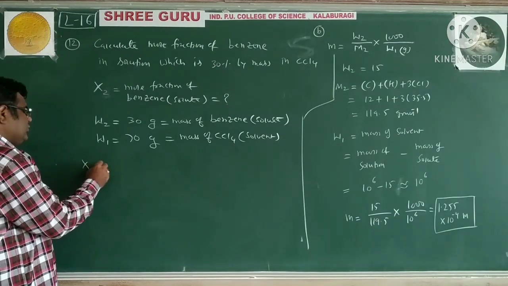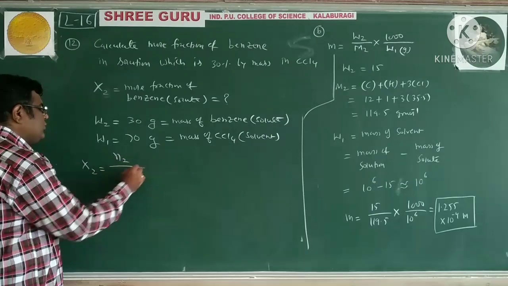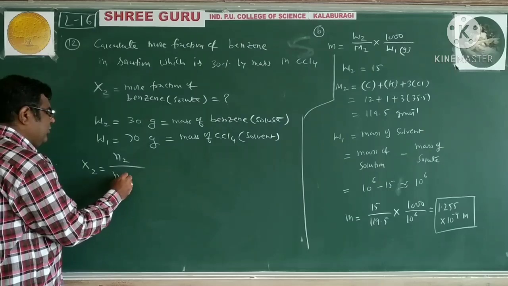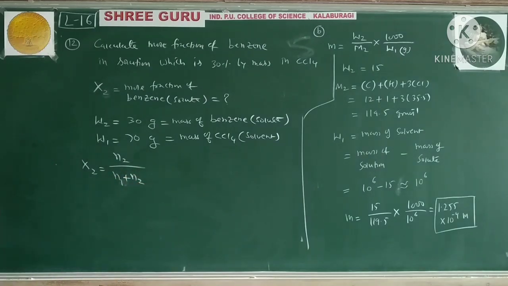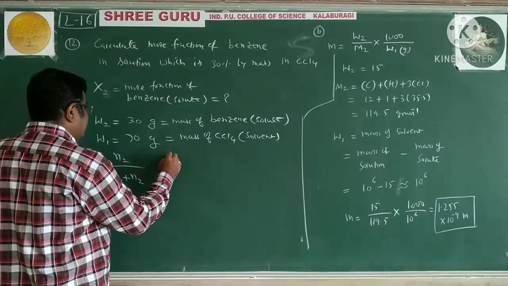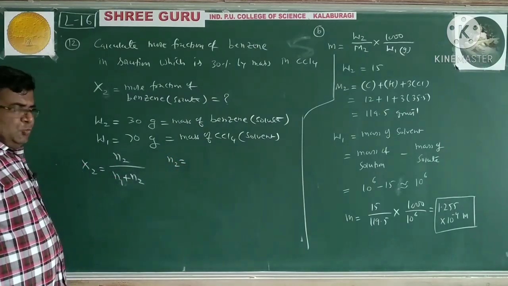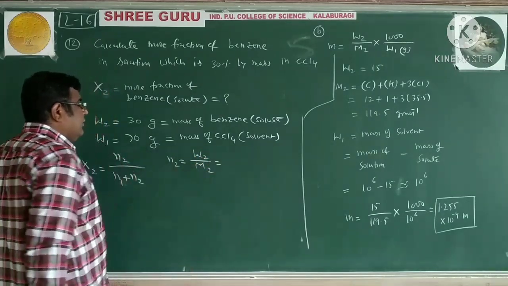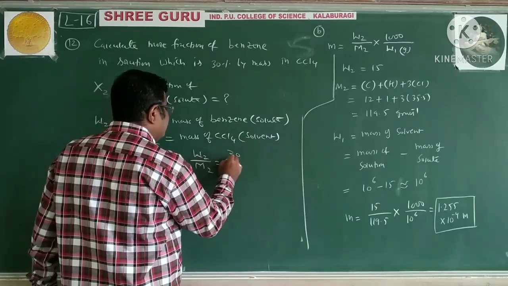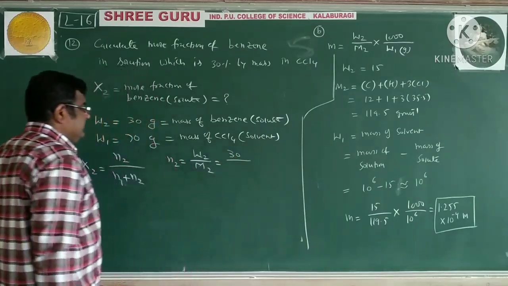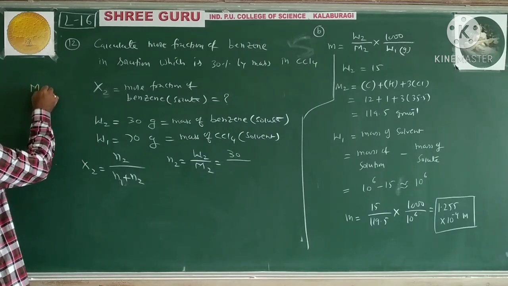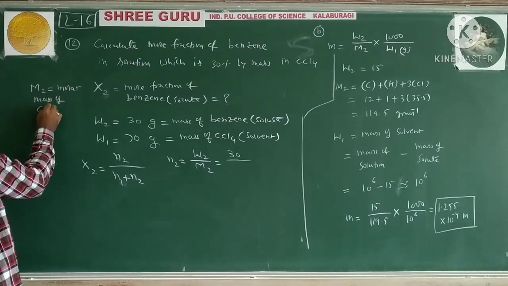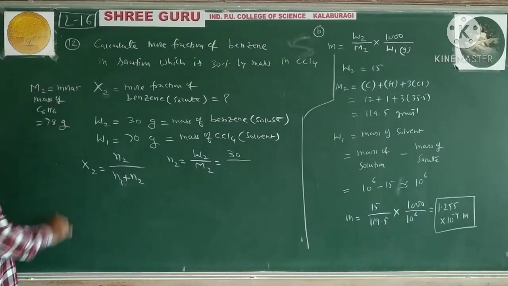So X2 is equal to the number of moles of solute, benzene in this case, divided by the total number of moles of solvent plus solute. So N2 equals W2 by M2. Mass of benzene is 30 gram. And what is the molar mass of benzene? We call it M2. Molar mass of benzene equals 78 gram.